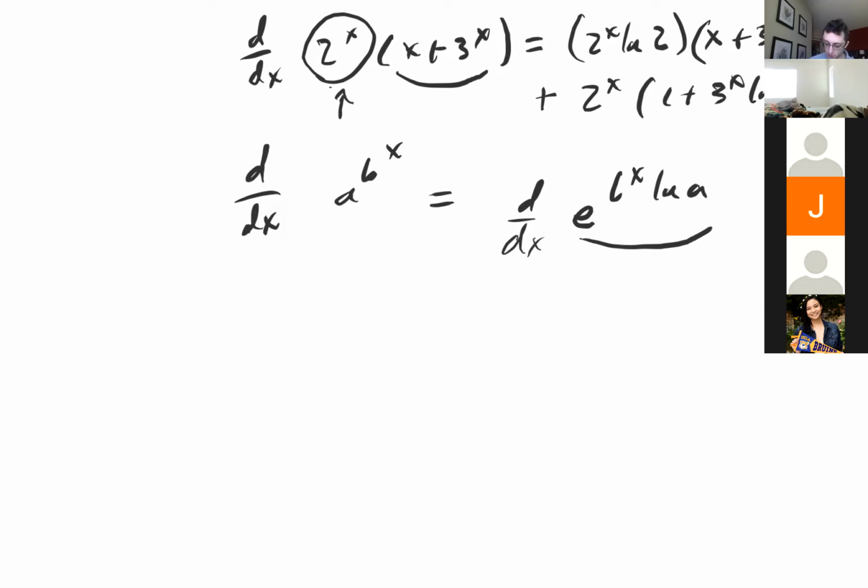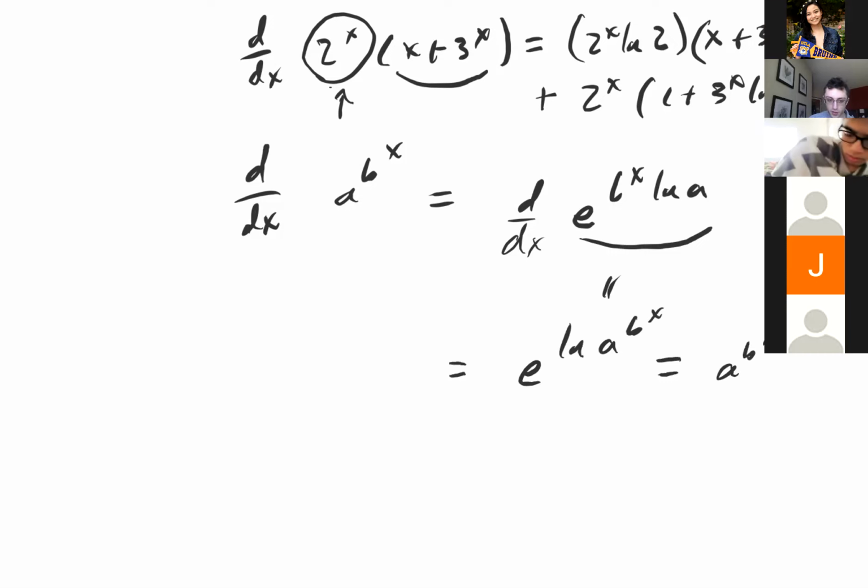And this just comes from ln a to the b to the x. So e to the ln of a to the b to the x is just equal to a to the b to the x. And it's also equal to e to the b to the x ln a.